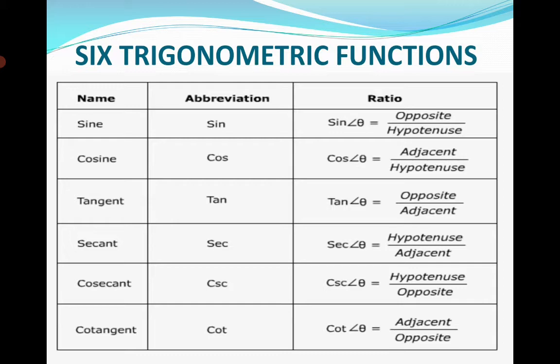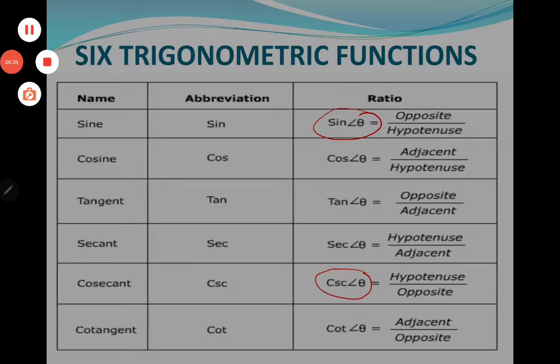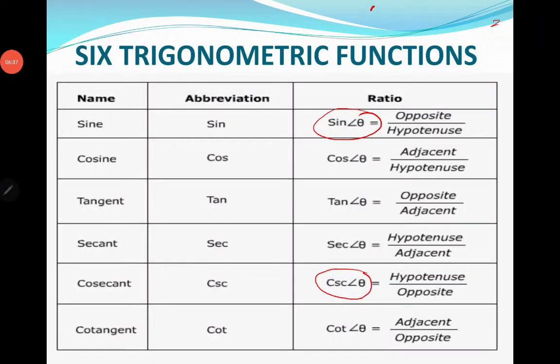So, kung titingnan nyo yung ratio, mapapansin nyo na si sine, ang sine theta kasi is opposite over hypotenuse. Ang kabaliktaran niya is si cosecant. So, makikita nyo si cosecant, hypotenuse over opposite. Now, si cosine theta naman is adjacent over hypotenuse.